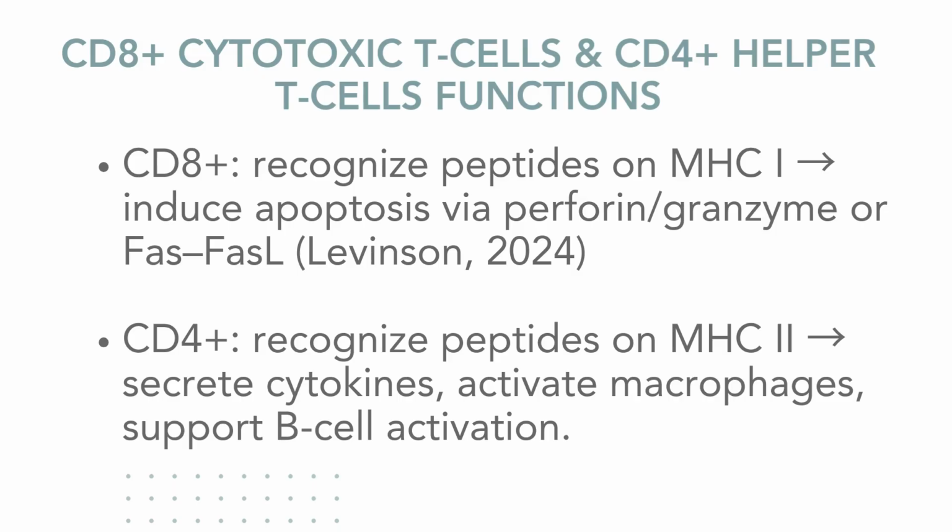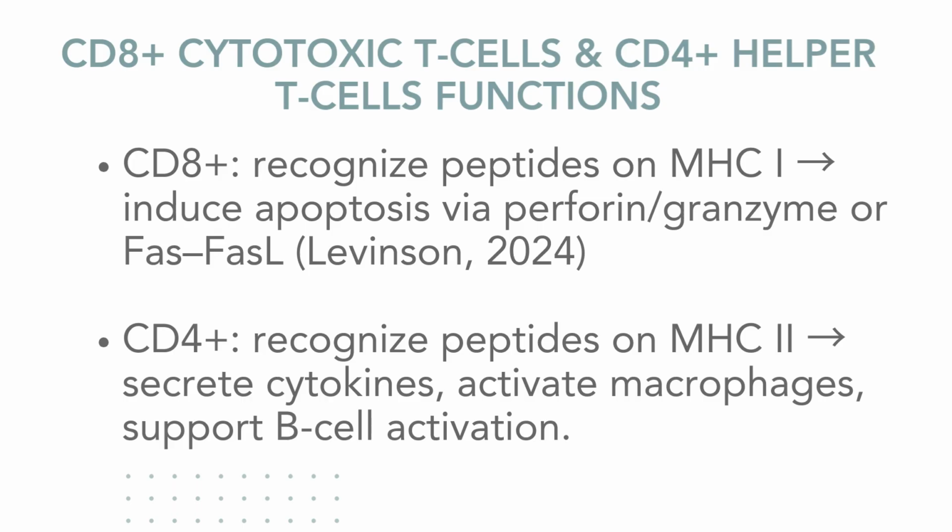CD8 plus and CD4 plus T cells. CD8 plus cytotoxic T cells identify infected cells through peptides that are displayed on MHC class 1 molecules. Once activated, they kill infected cells using pathways such as perforin, granzyme, and Fas-L.